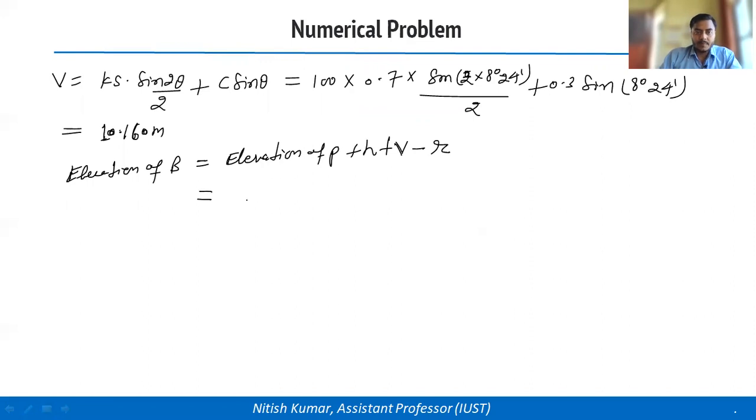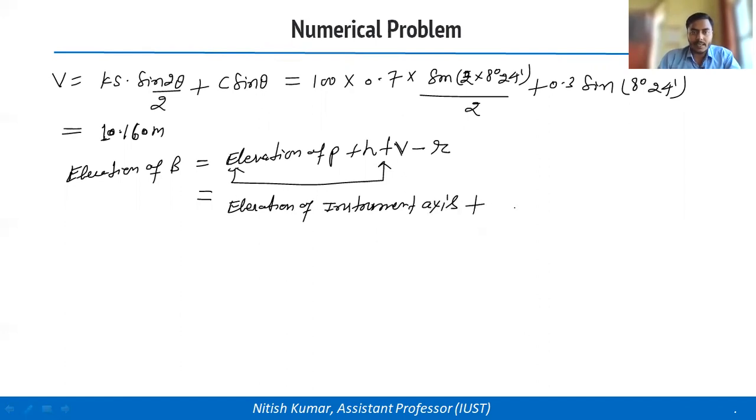So now this, elevation of P plus H, we can write as elevation of the instrument axis. V we have calculated, that is 10.160, minus R. What is R here? R is the reading of the central stadia wire.